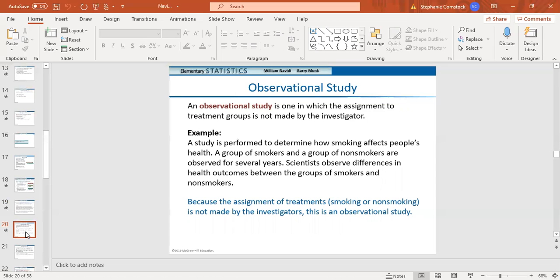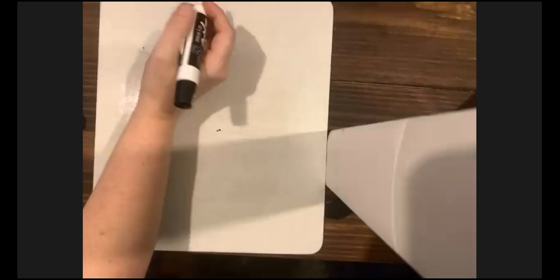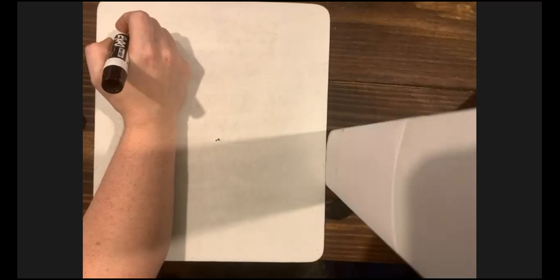So if we take a look at section 1.3 on our worksheet, they're asking us to decide whether it's a randomized experiment or an observational study. What we've got here is a website developer who wants to determine the effectiveness of 2 websites.